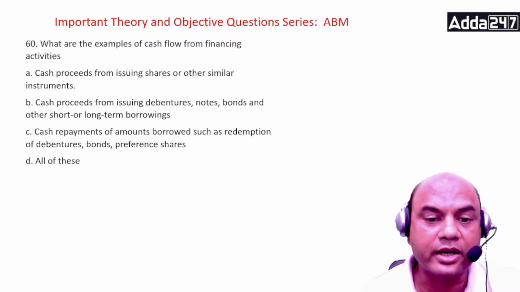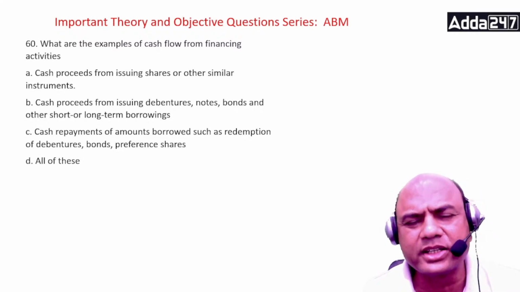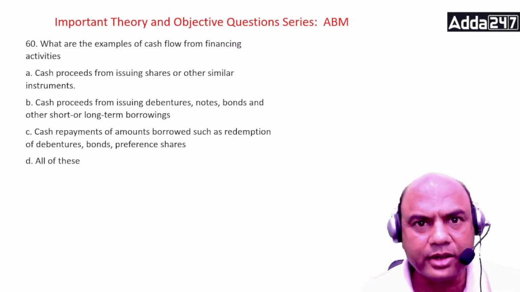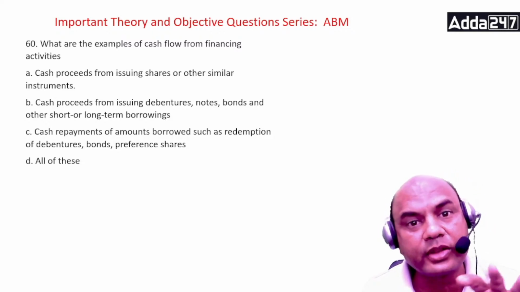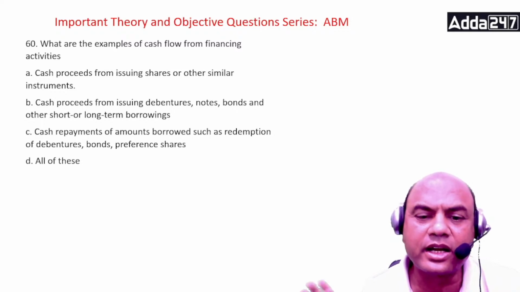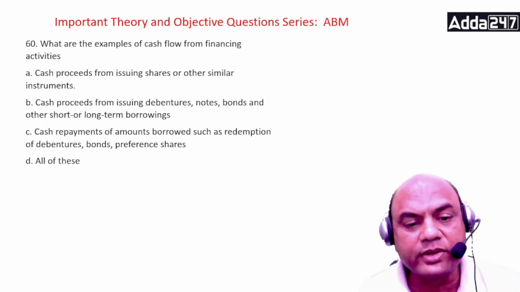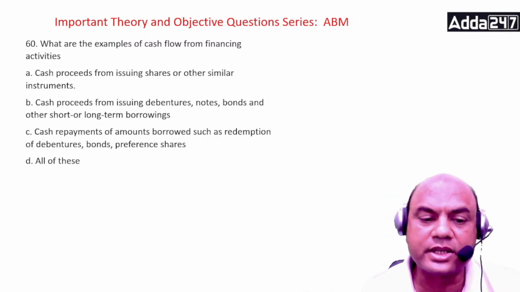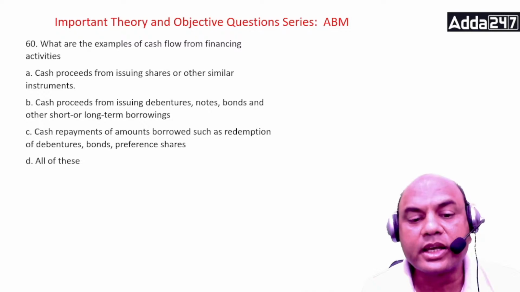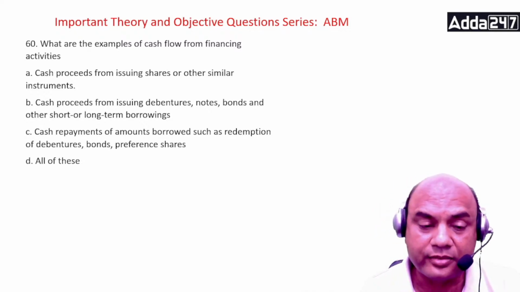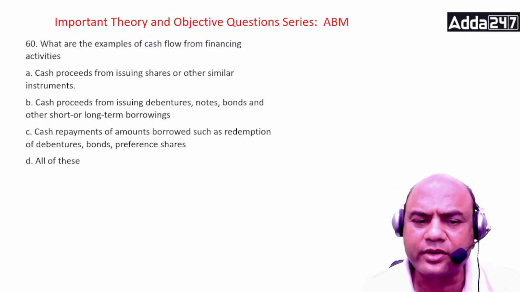Actually, it's three parties: firm, owner, and the creditor. Company is separate from the owner. So cash flow between the company and the owner, and between the company and the creditors. Receiving cash from issuing stock or spending cash to repurchase the shares. Receiving cash from issuing the debt or paying down the debt. All these are financing activities.